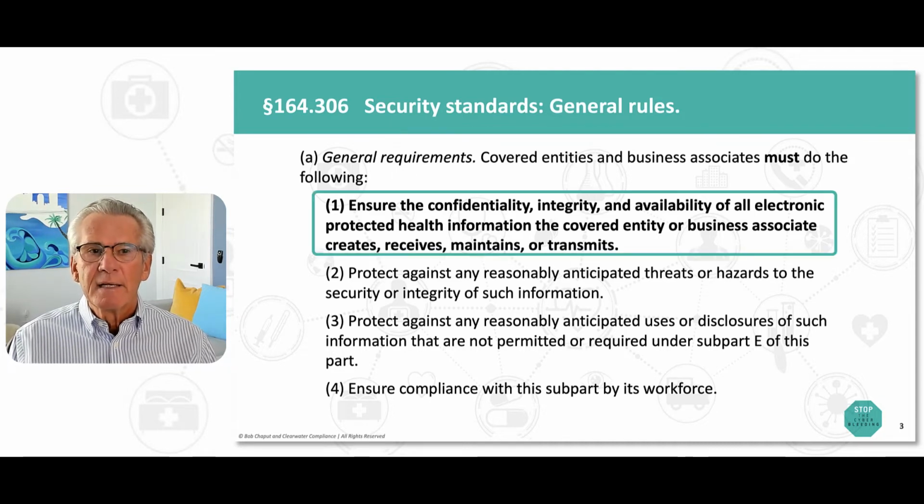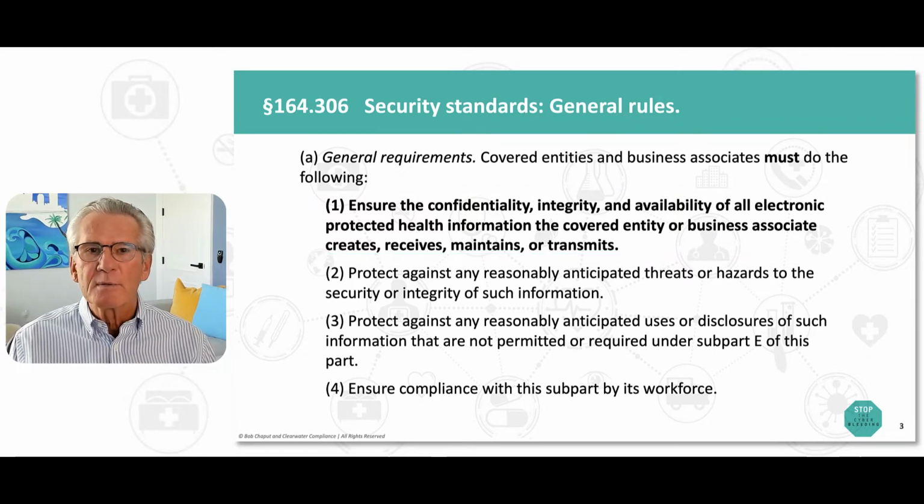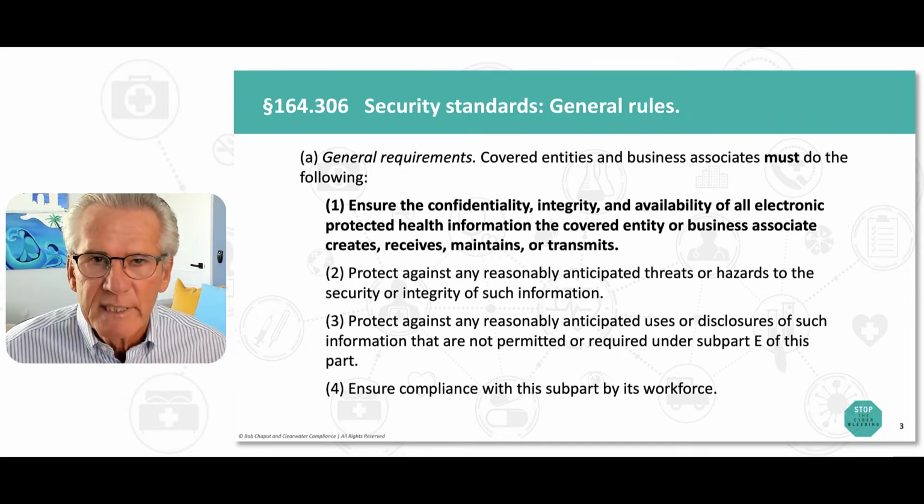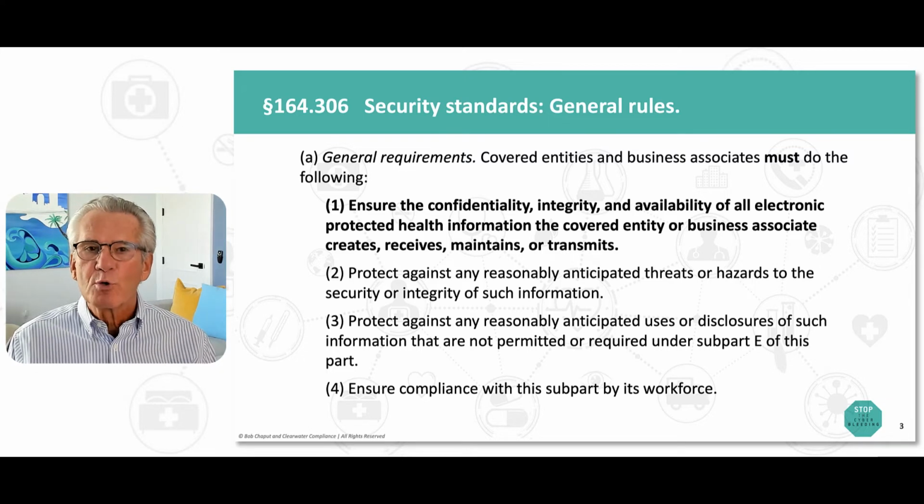In fact, if we look at the HIPAA security rule, specifically, it requires that covered entities and business associates, and I'll read here, ensure the confidentiality, integrity, and availability of all electronic protected health information that the covered entity or business associate creates, receives, maintains, or transmits.